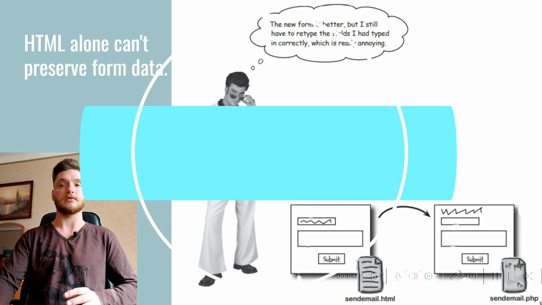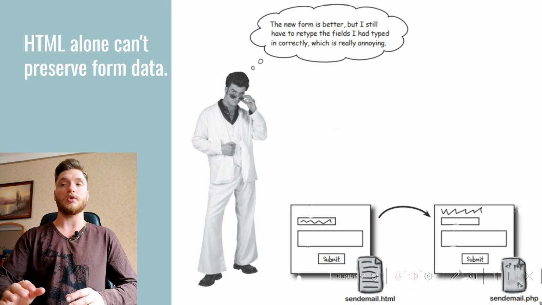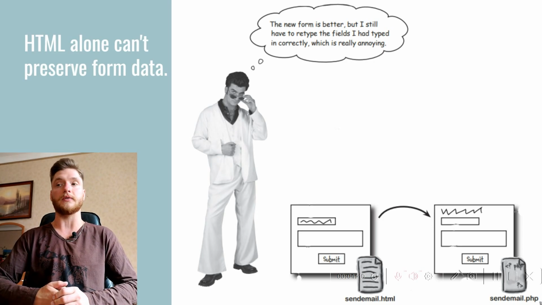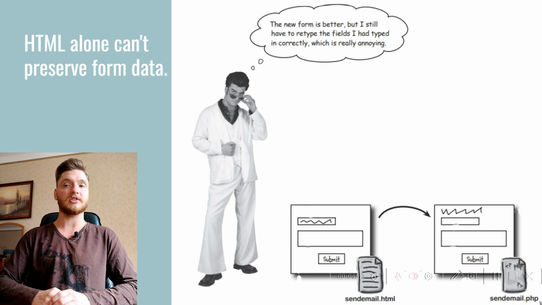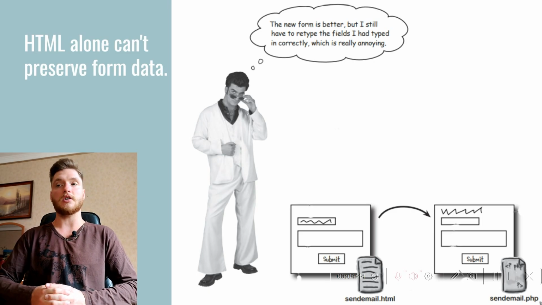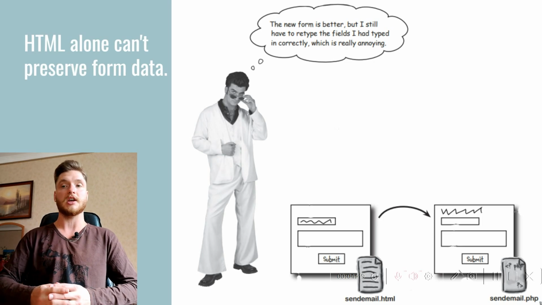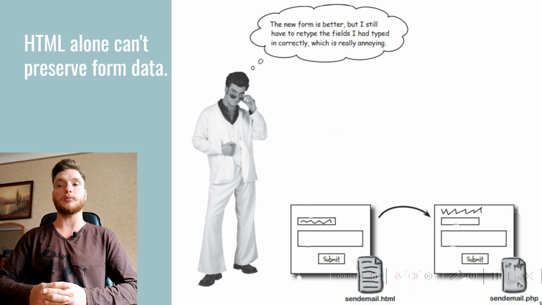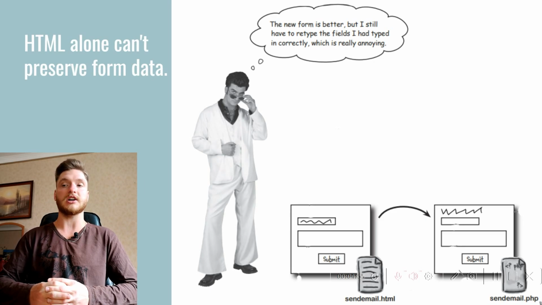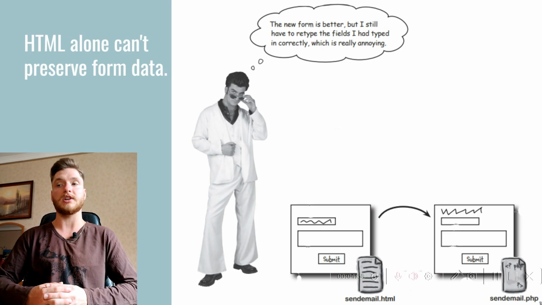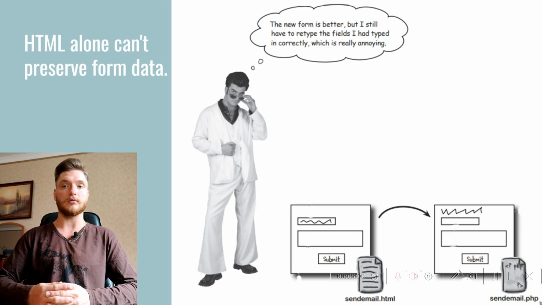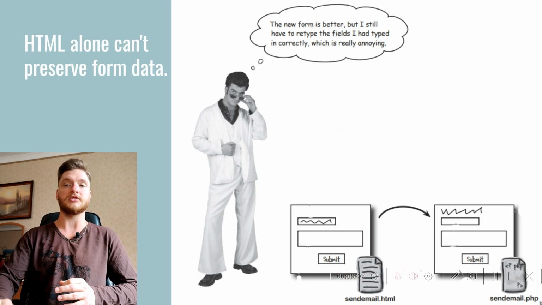When Elmer submits the send email form with an empty field, the sendmail.php script catches the error and generates a new form, but the new form is pure HTML code, which can't possibly know anything about any data Elmer might have entered earlier. So we're generating a clean new form as part of the validation, which is wiping out any data Elmer might have entered.